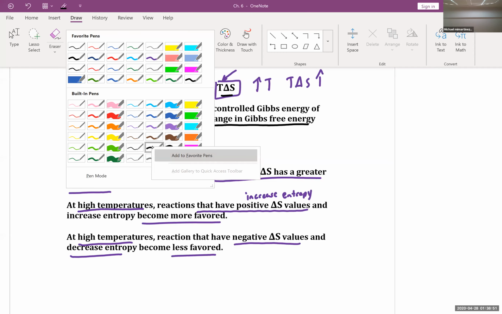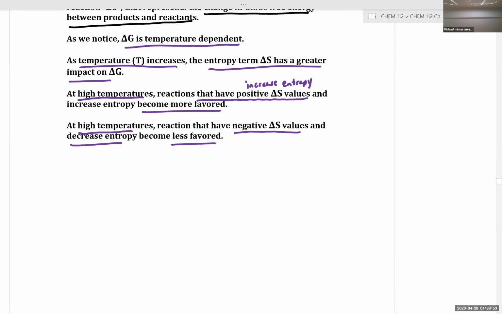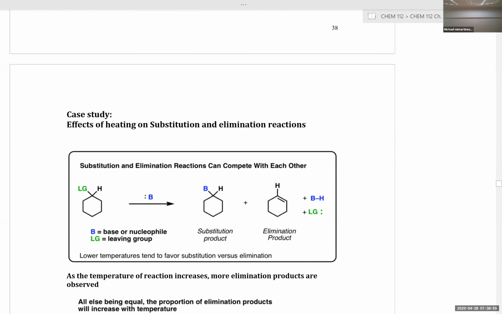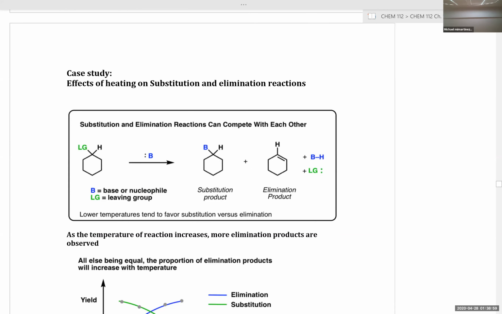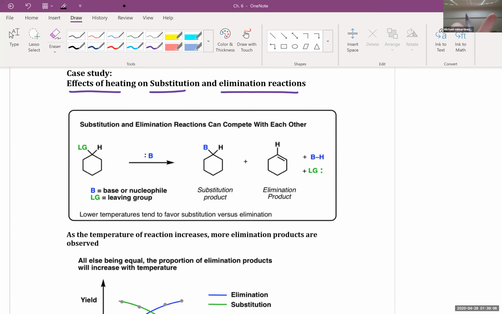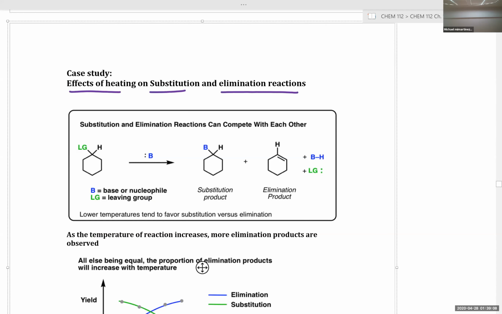Okay, so let's look at an example. This is all nice in theory. How does this actually pan out? So let's look at a classic case where we're looking at the effects of heating on substitution and elimination reactions, okay? So, as we'll learn later on in this class, there are two possible reaction pathways when we have a nucleophile.